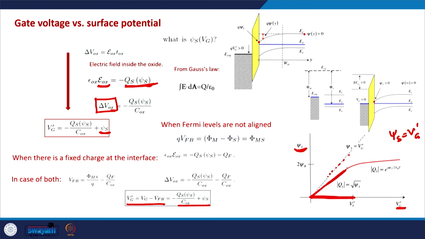But as soon as the inversion starts, which is exactly at this point when Vg prime is equal to Vt prime, the semiconductor charge depends exponentially on psi s, which means that the semiconductor charge increases abruptly.